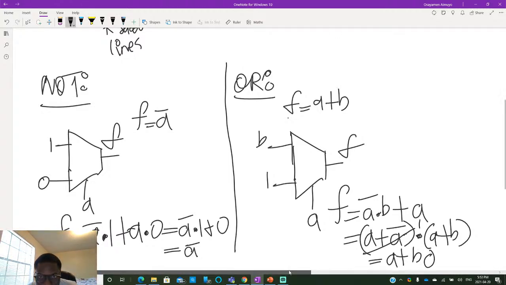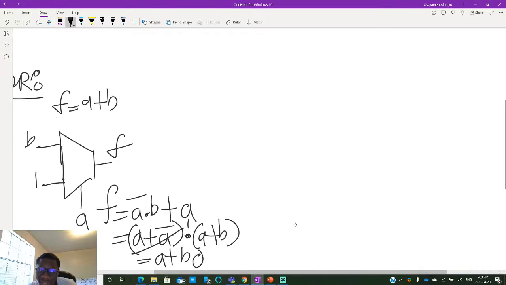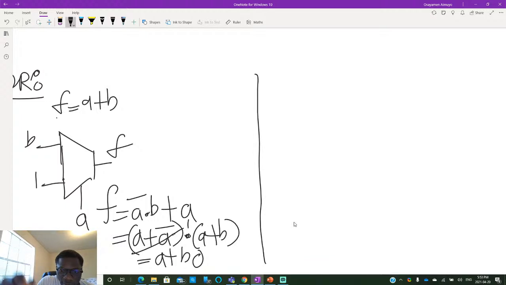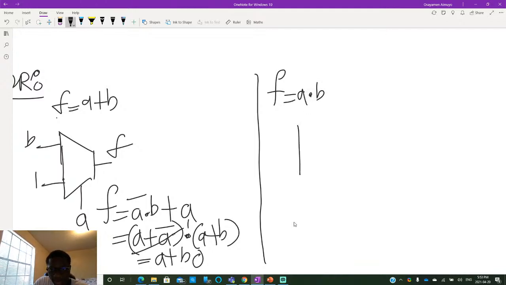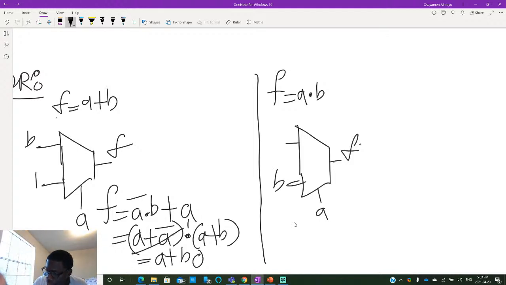Okay, so let's try the last one, the AND. This one should be much more straightforward. For the AND, we're trying to prove that F is A and B. So this is F, this is A. We just put a B here, and we put a 0 here.